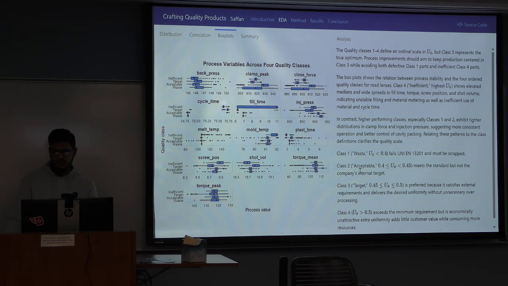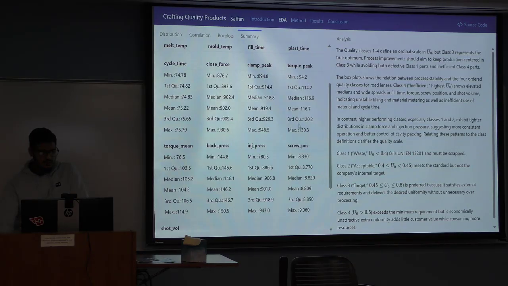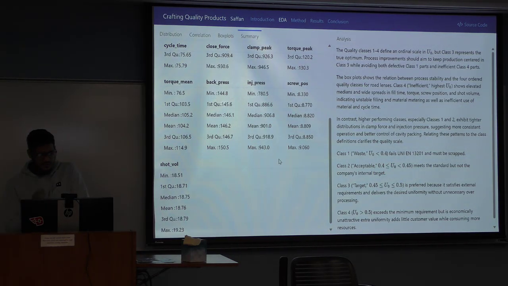If it's less than 0.4, it's class 1. If it's between 0.4 and 0.45, it's acceptable, class 2. Between 0.45 and 0.5, it's class category 3. If it's higher than 0.5, it's class category 4. Here we can see the summary of all 13 variables, showcasing the mean, median, and mode.